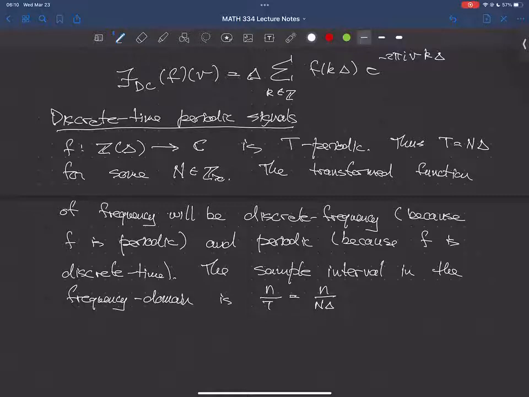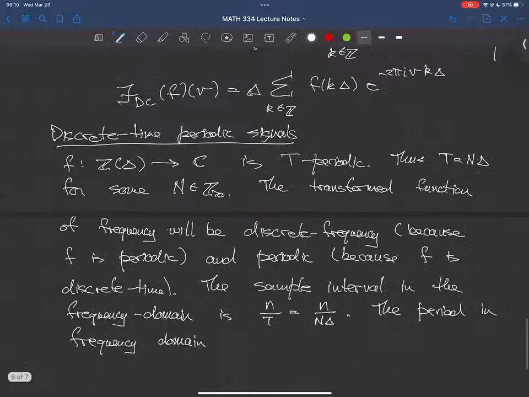All right, and the period in the frequency domain, here we look at the formula, and we see that these are periodic, with period being integer multiples of 1 over delta.